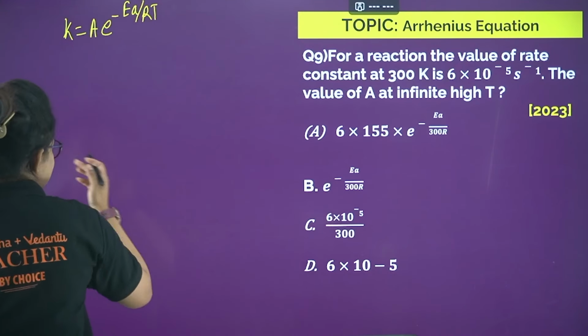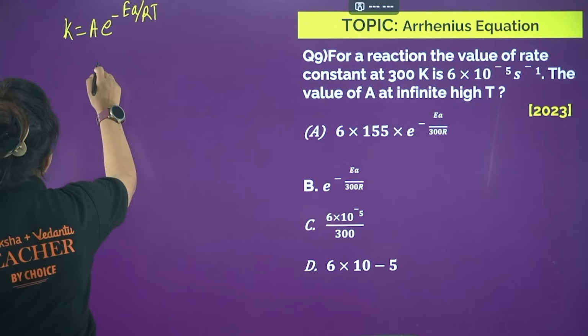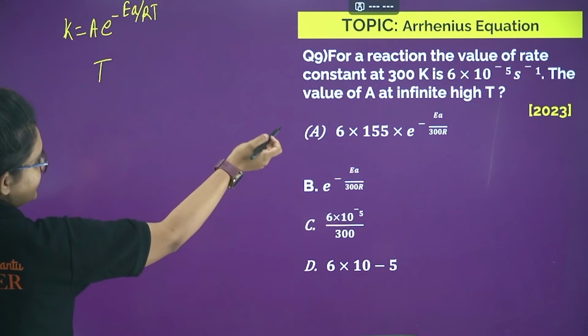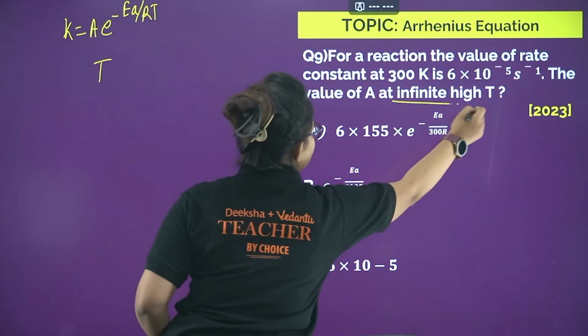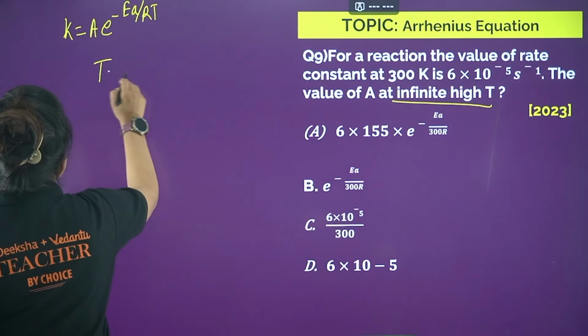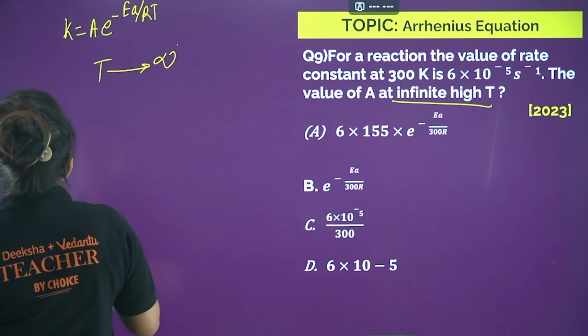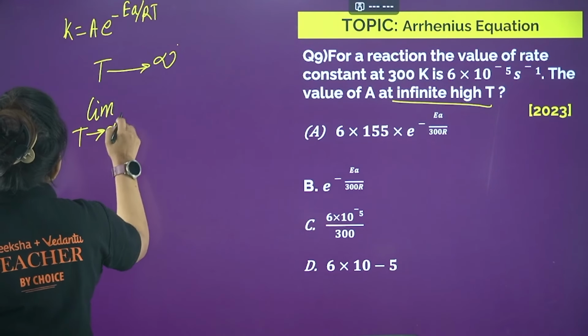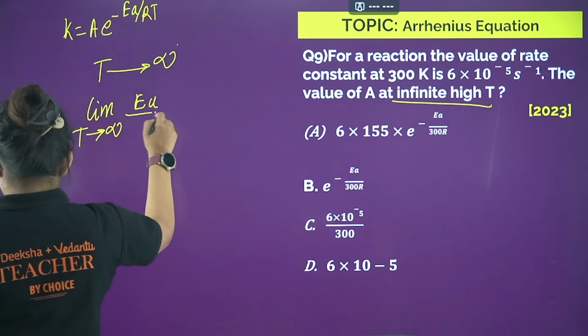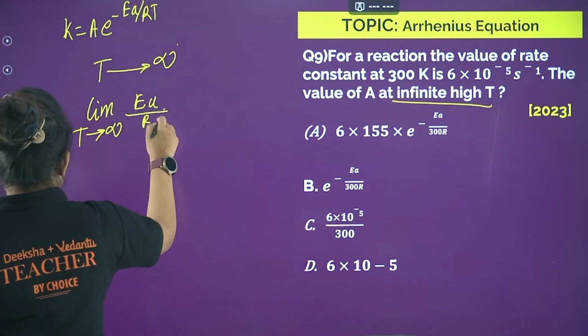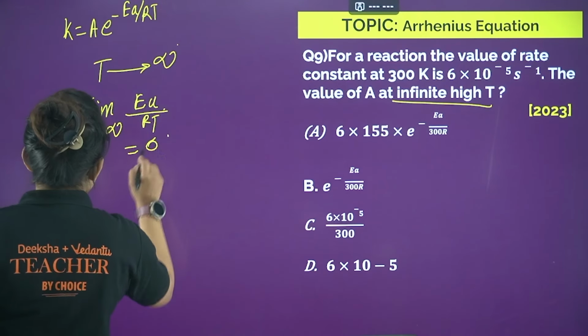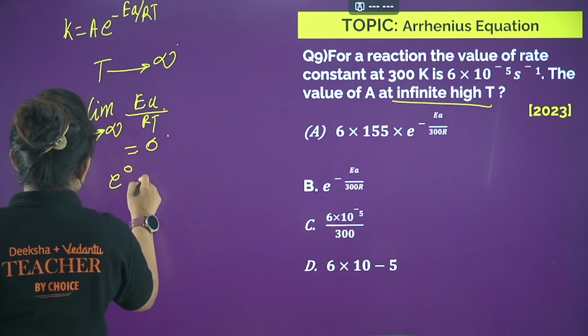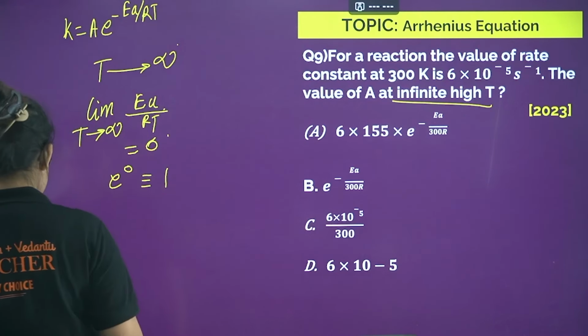From here, they are saying T tends to infinity, because you can see at infinite high temperature. So if you put T tends to infinity, then Ea by RT should be 0, and now e power 0 is nothing but 1, right?